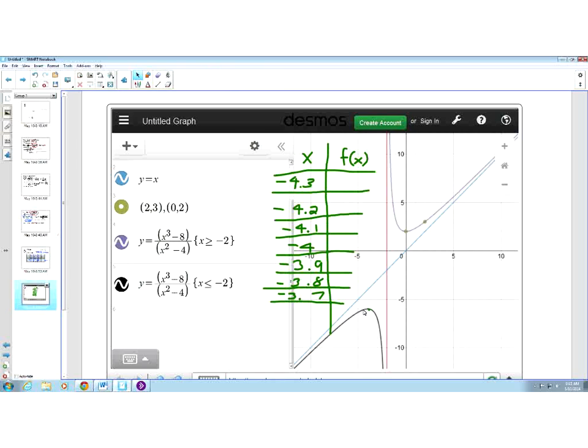So we have at -4, the output is -6. So we could write -6 here. How about if we move along?